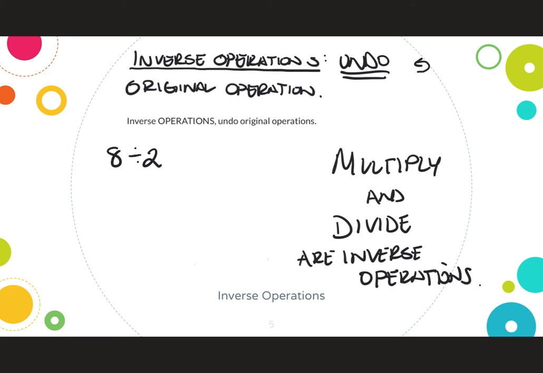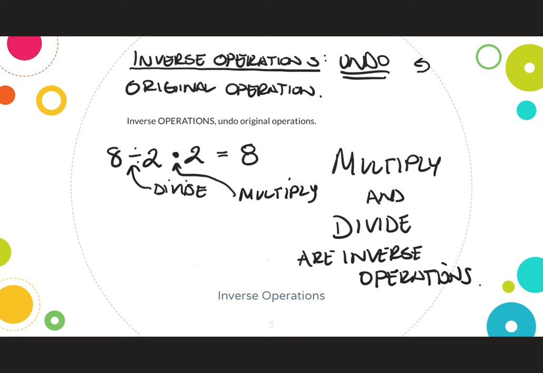So to do the opposite of divide, we should then have to what? Multiply. Multiply here times 2 would give us back to our original answer because 8 divided by 2 is 4 times 2 is 8. They undid each other with divide and multiply.